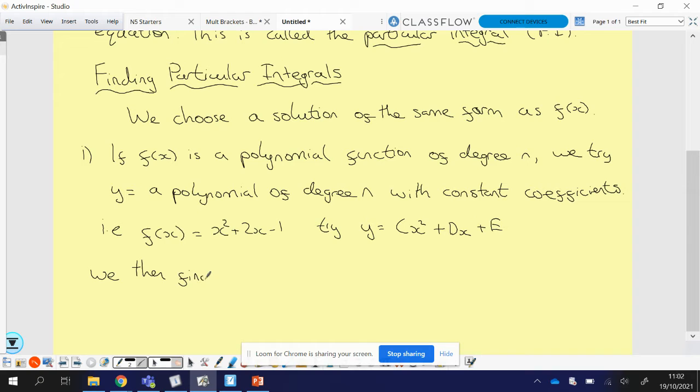If we had that, what we then do is we find dy by dx and the second derivative, d squared y by dx squared, and substitute into the equation.